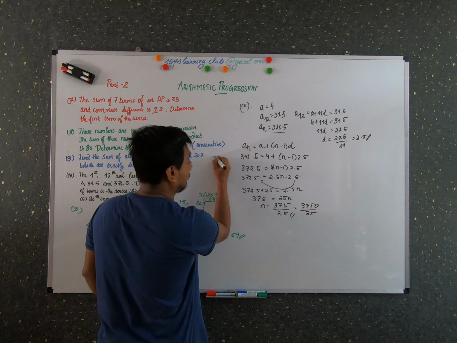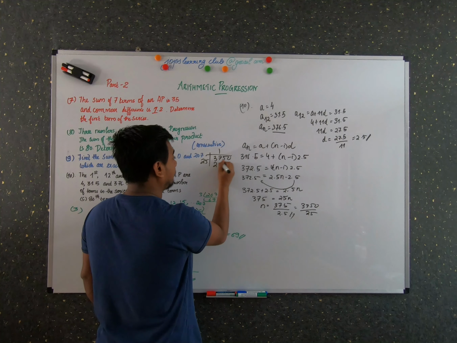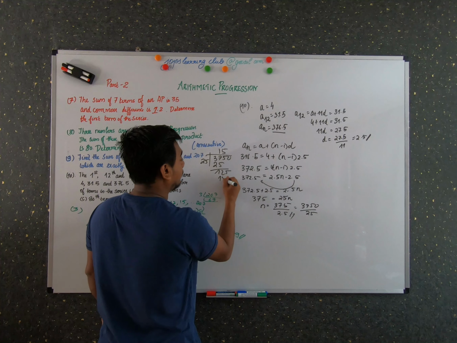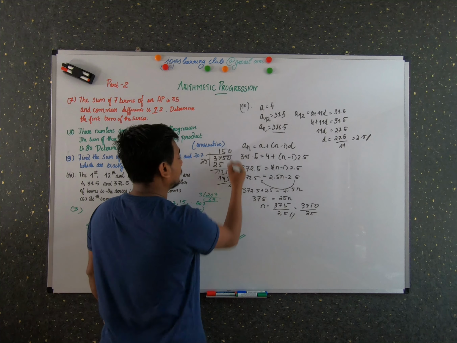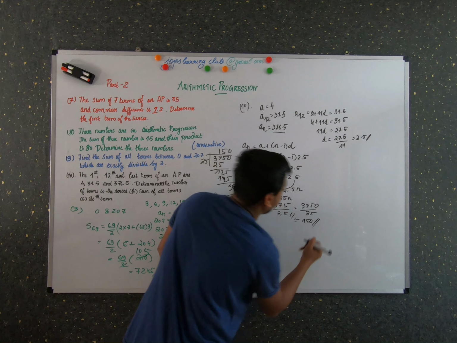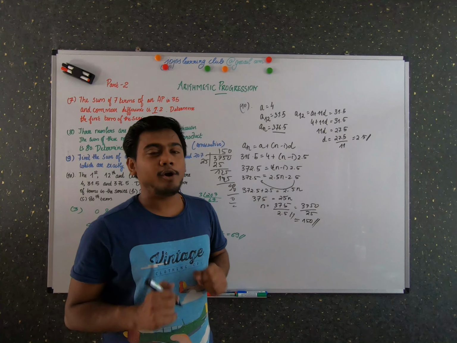You can just solve it down by 25. 25 times 1 is 25, 125, again 0, 0, 0, 0. So the 150th term is 376.5. I hope it's very much clear.